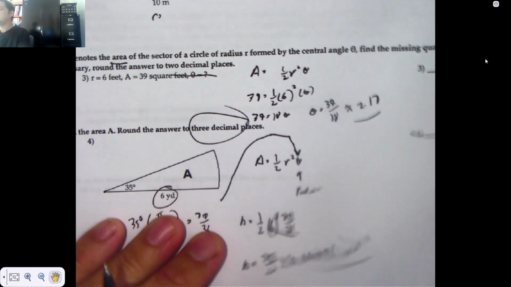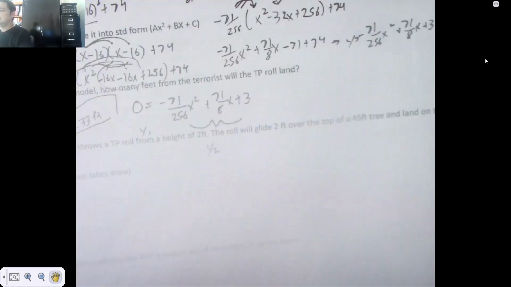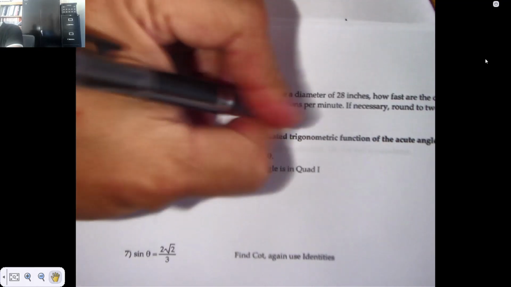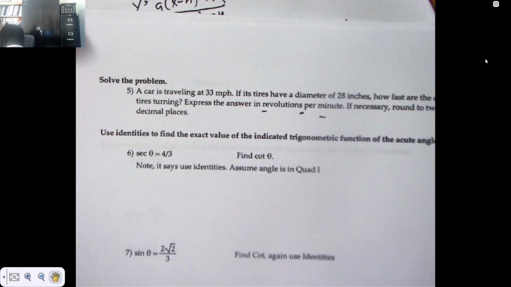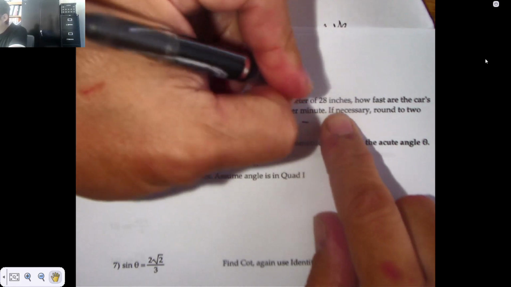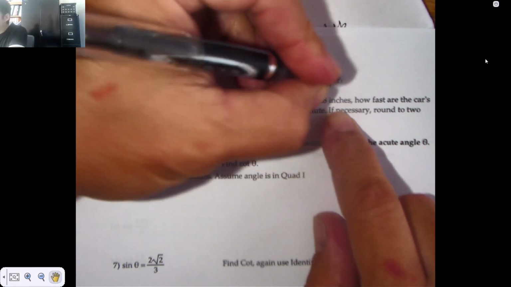I think there's 25 questions on this study guide. Number 5, a car is traveling at 33 miles per hour. Its tires have a diameter of 28 inches. How fast are the car's tires turning? Express the answer in revolutions per minute. Most of you had some experience with this question on my open math. All right, so I have a diameter of 28 inches, so my circumference is 28 pi inches.